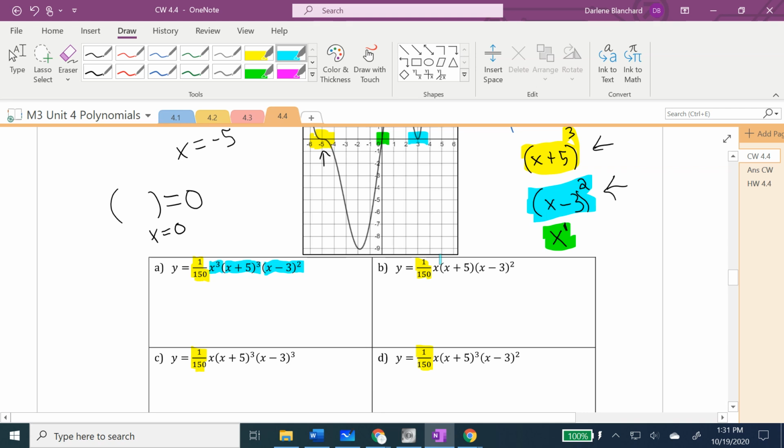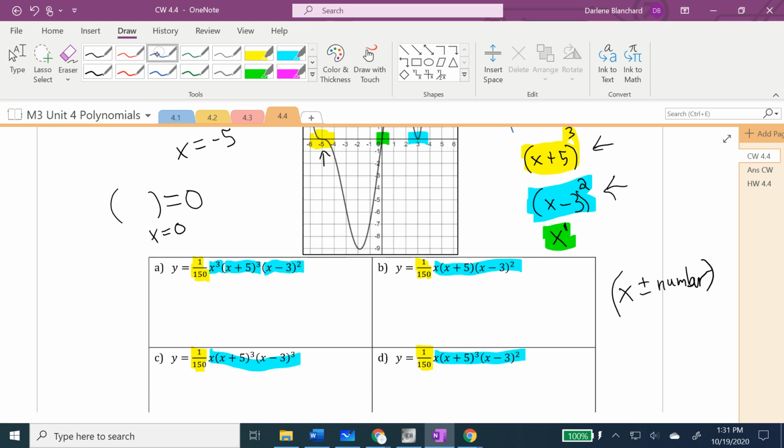All of these factors are written in a form of x and then plus a number or minus a number. What I don't have is a number in front of my x. That's what I want to emphasize about these factors.